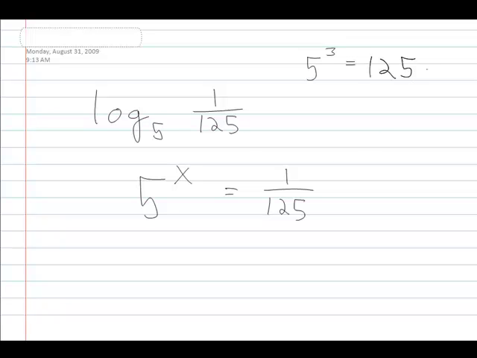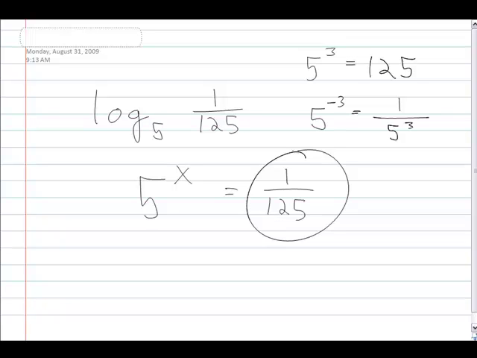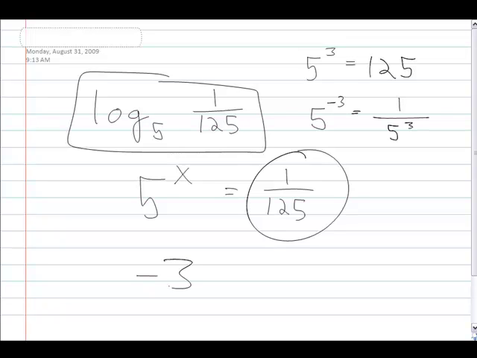But how come it's flipped? Well, how do we flip something? Make it a negative exponent. So notice, if it's 5 to the negative 3, that means it's 1 over 5 to the positive 3, which means it's 1 over 125. So here, this would be equal to negative 3.